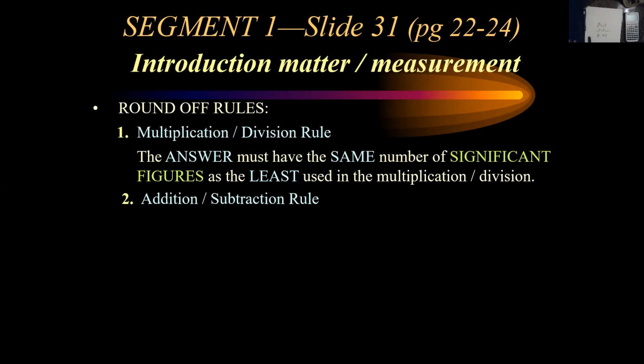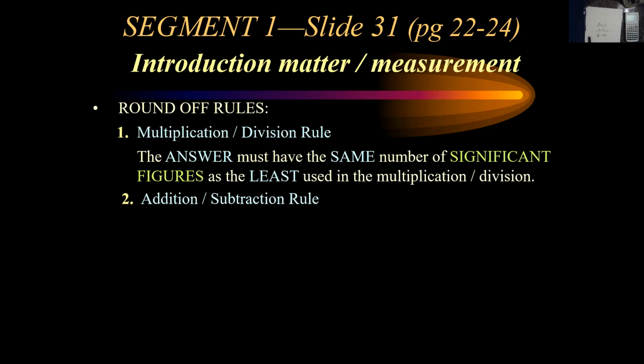The problem is with the addition and subtraction. The thing you've got to remember: what would be the very last operation your calculator will do? It's going to do powers and roots first, multiplication and division next, and the last thing it does is addition and subtraction.